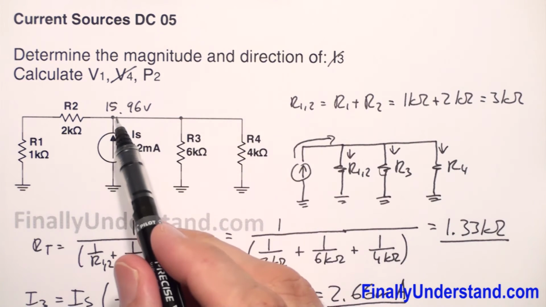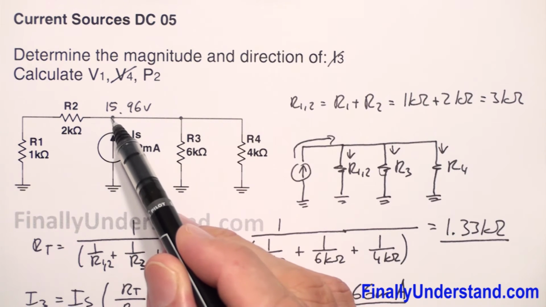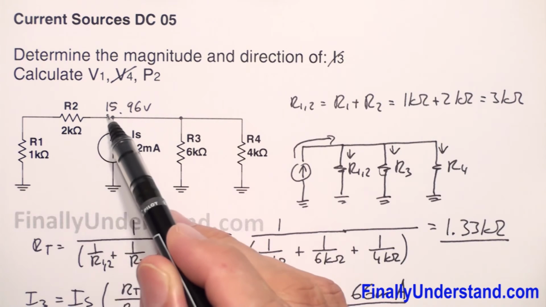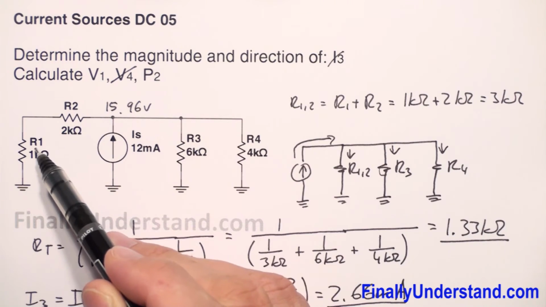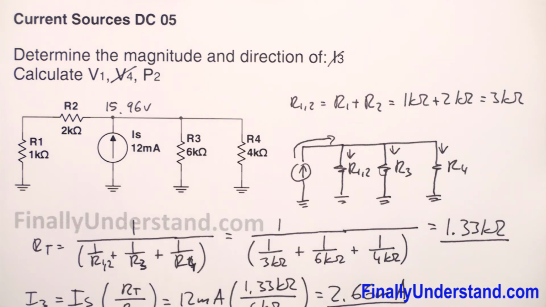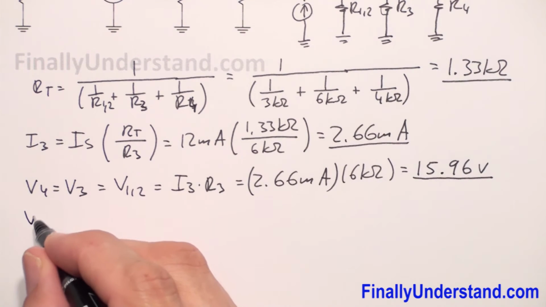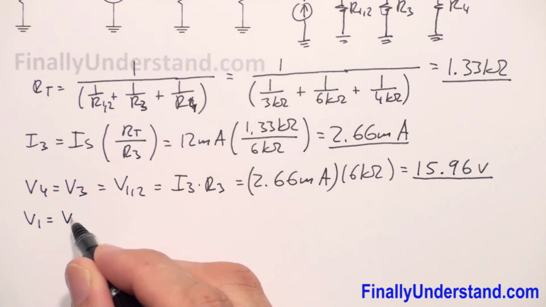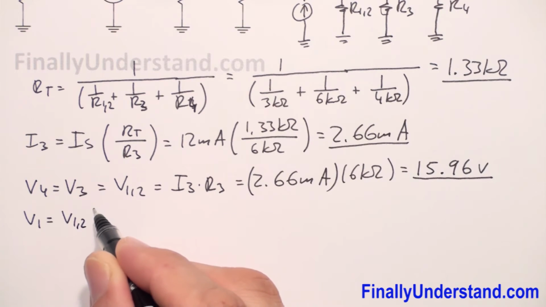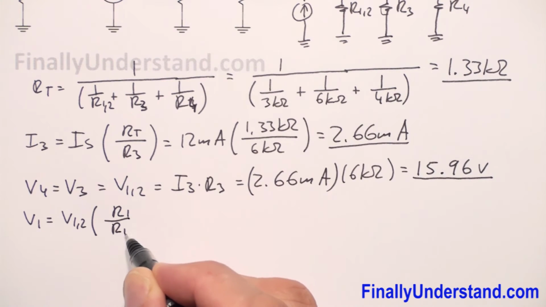So if I know the voltage across these two resistors, which are in series, I can use the voltage divider formula to find the voltage across resistor R1. So I'm going to simply write that V1 is equal to V12 times R1 over R12.